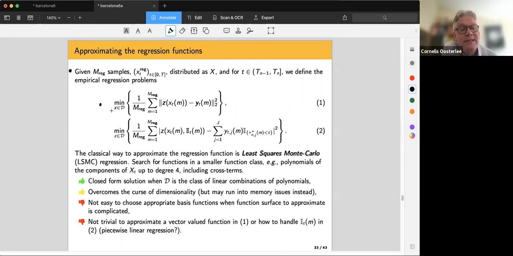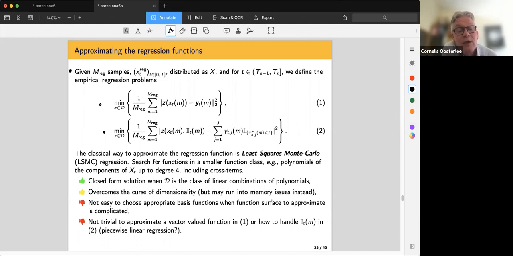We look for a minimizer z of 1 over the number of samples times the sum over the samples of z minus y_t, and we look for a z of 1 over the number of regression samples times the sum of z minus the sum over j of y_j times the indicator, squared. And the classical way to approximate regression is least squares Monte Carlo.